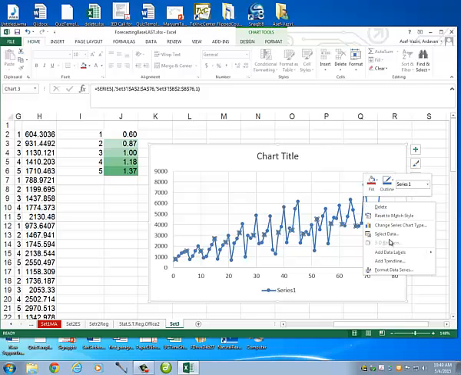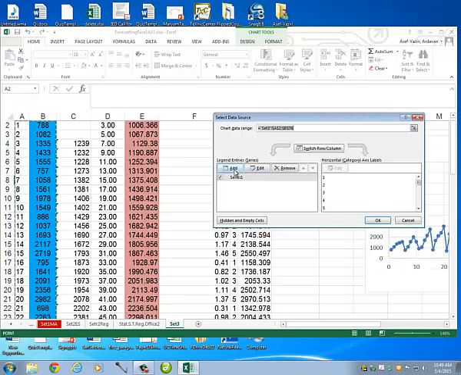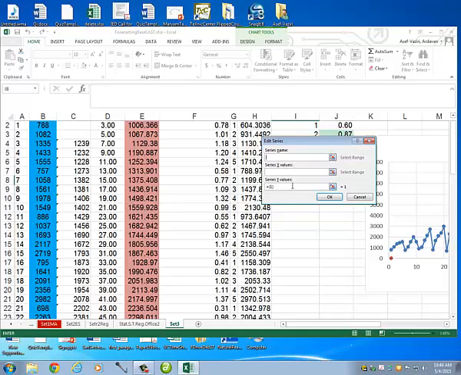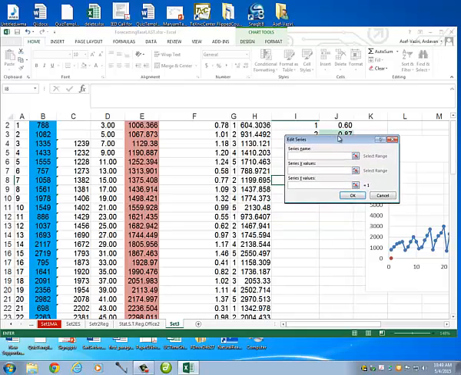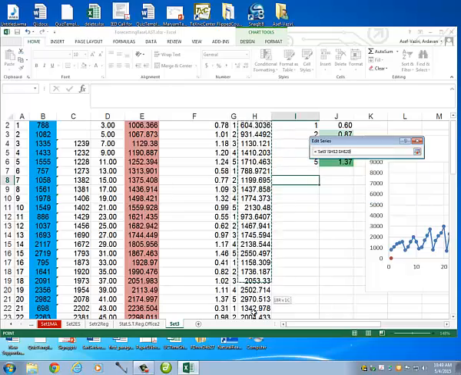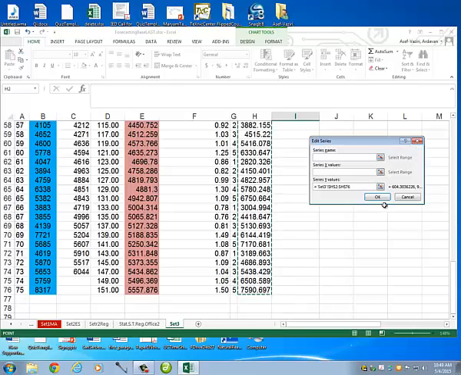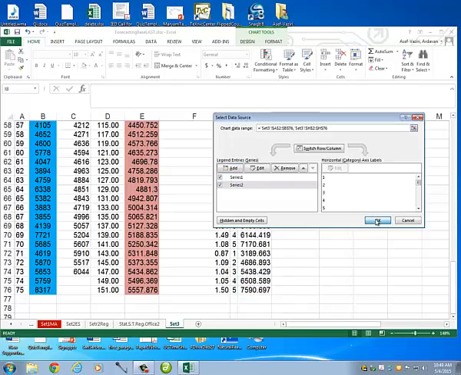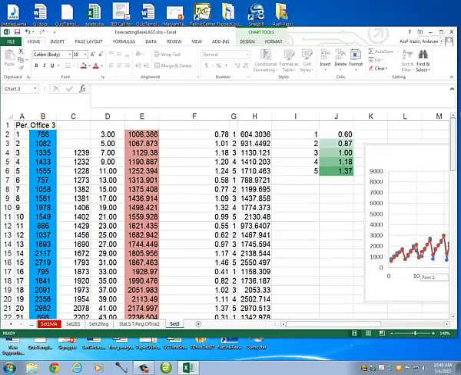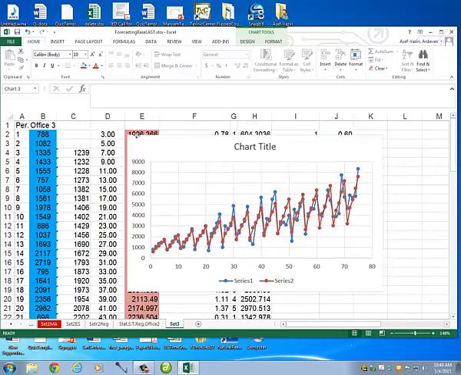I say select data, add, and then I will go and add these numbers, which are here. I go up, down, and it's okay, and it's okay. And this is my actual data and my forecast.